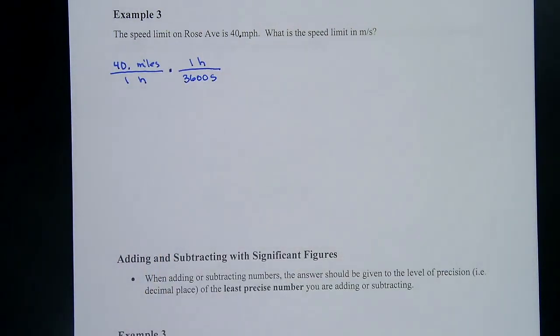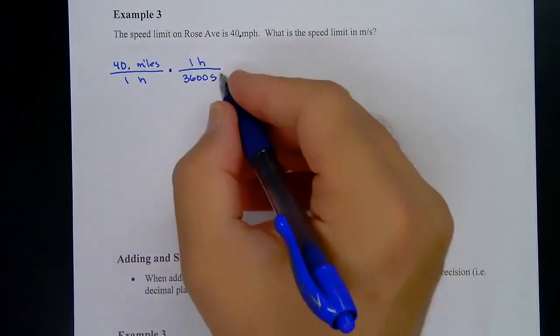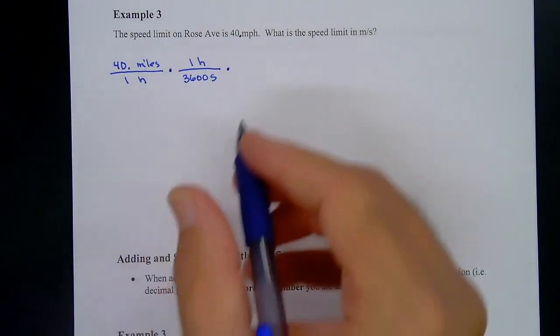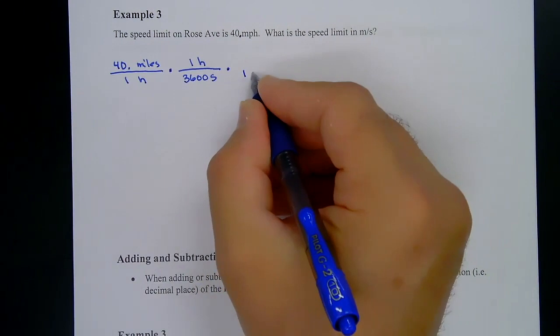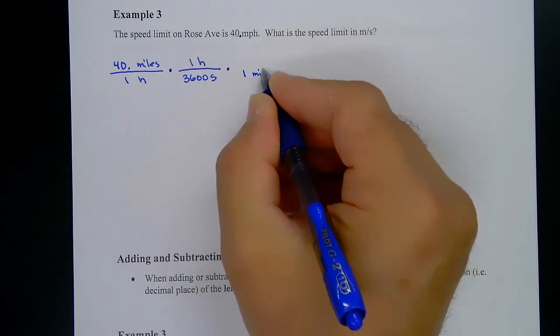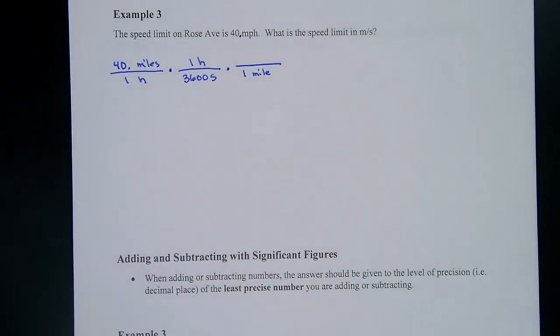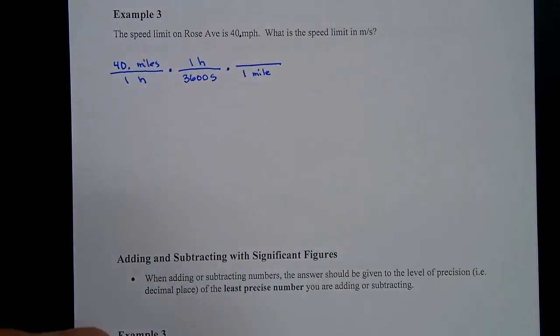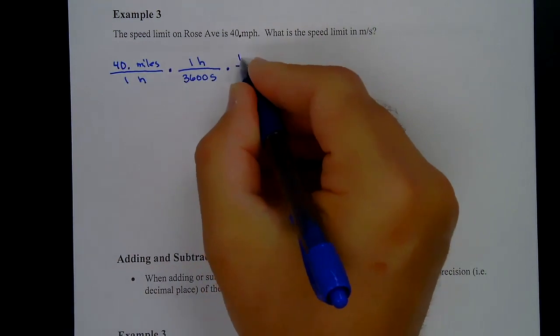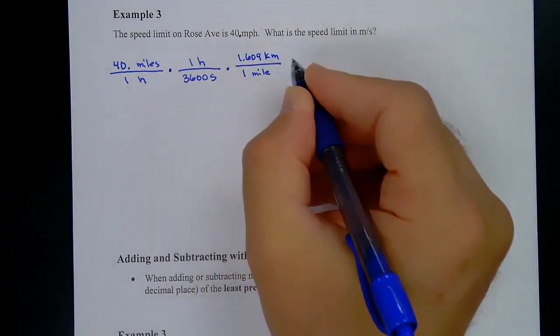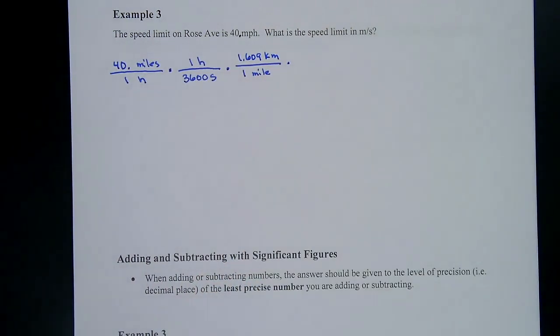seconds. So I now have miles per second, but I need to get to meters, right? And I know that 1 mile is equivalent to 1.609 kilometers. Okay, so now I have kilometers per second, but I need to get to meters per second.